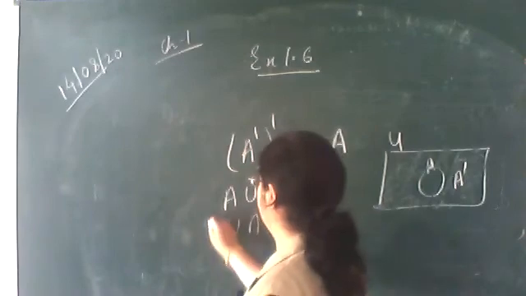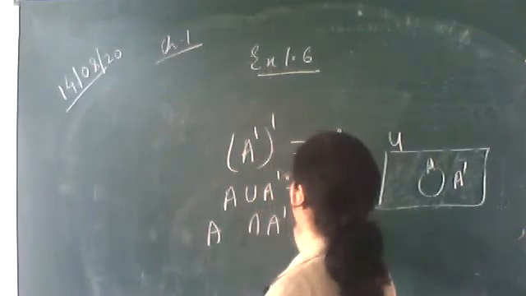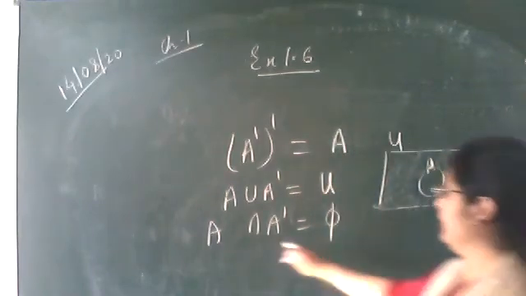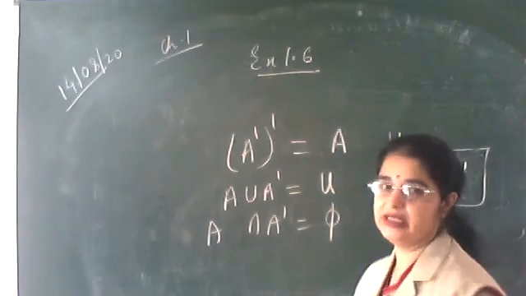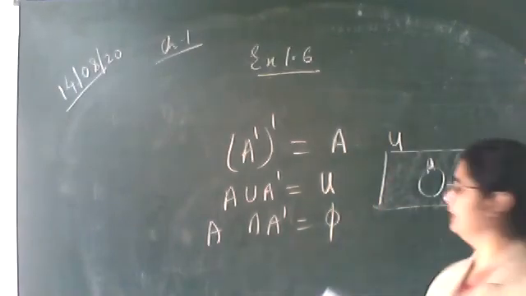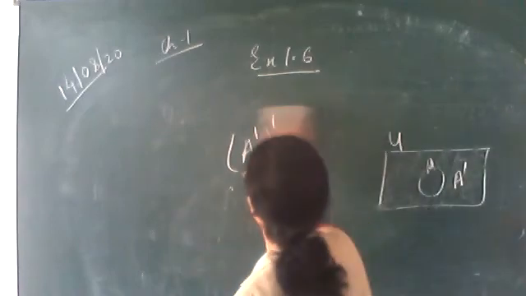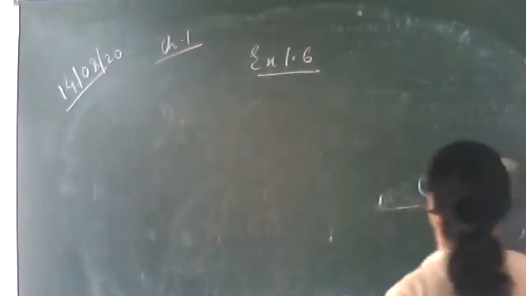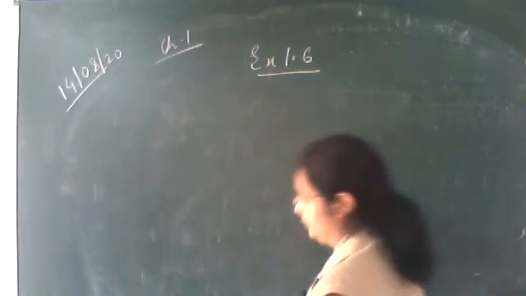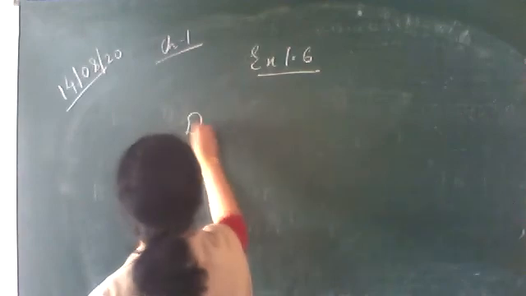A intersection A complement is the null set. Is it clear? These all things are properties of complement. One more thing is there, De Morgan's law.